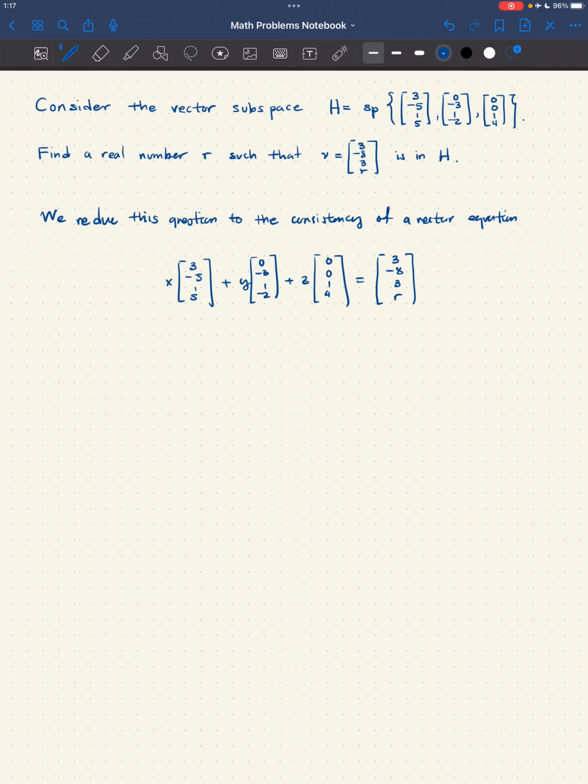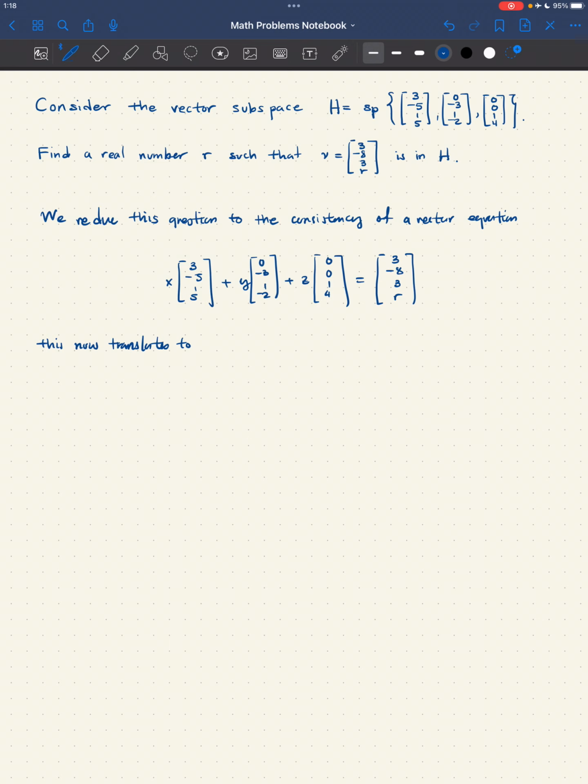Of course, this translates further to a system of linear equations. So the question is now the consistency of a system of linear equations.